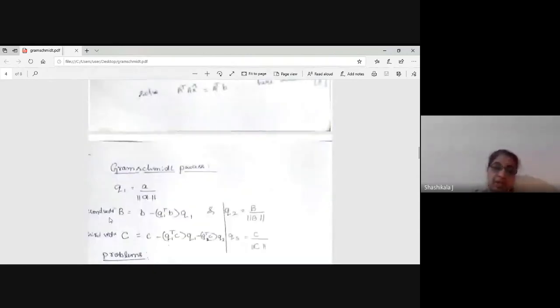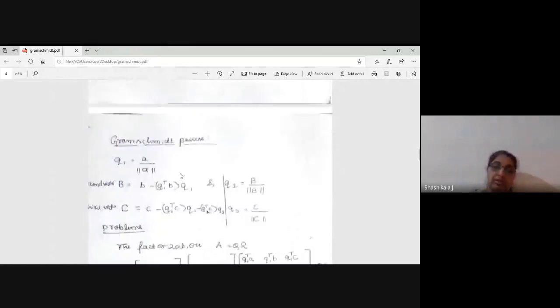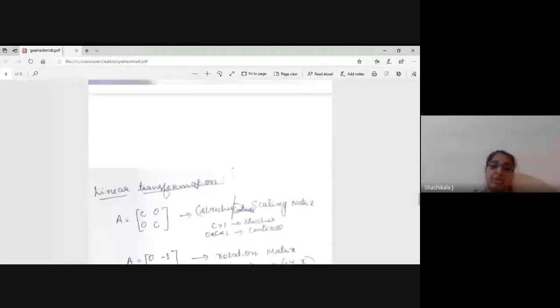This is another second vector. This B is equal to small b minus (Q1 transpose times b) into Q1. What is the meaning of this? I am subtracting the Q1 components from the b.